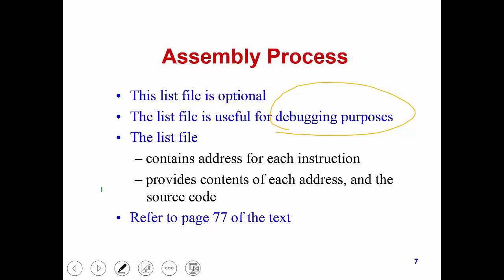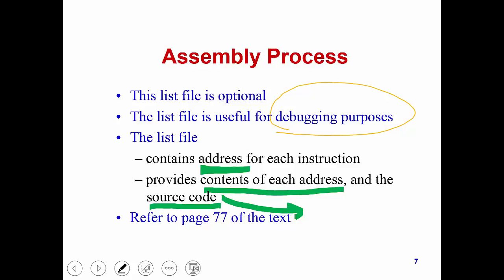It contains the address for each instruction. Or we simply say it tells us, at a given address, what's inside. What's the machine code at each individual memory location. So address, contents of each address, and source code. Source code is nothing but the original language program we wrote.